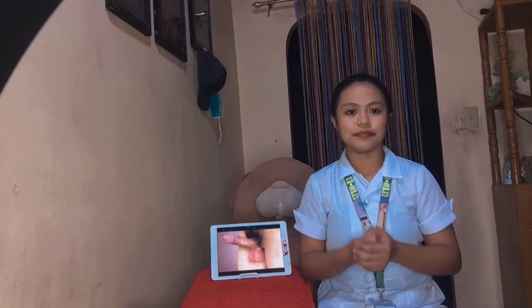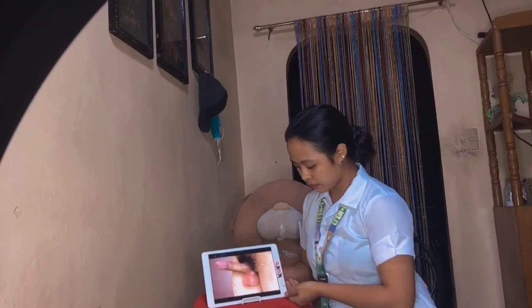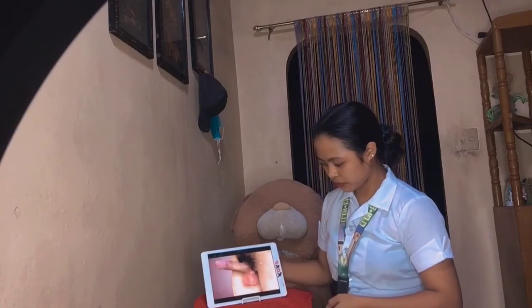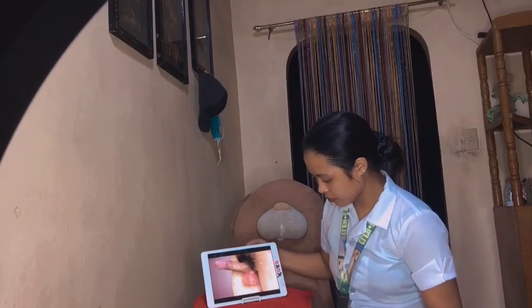Okay, for the inguinal area, inspect both areas for bulges while the client is standing if possible. Okay, let's imagine my patient is standing right now. Okay, the inguinal areas are free from bulges and everything is normal.